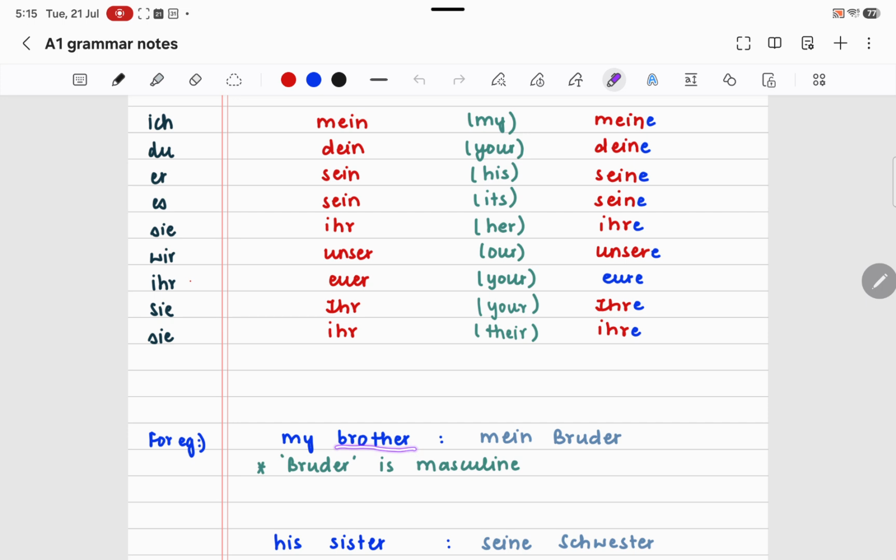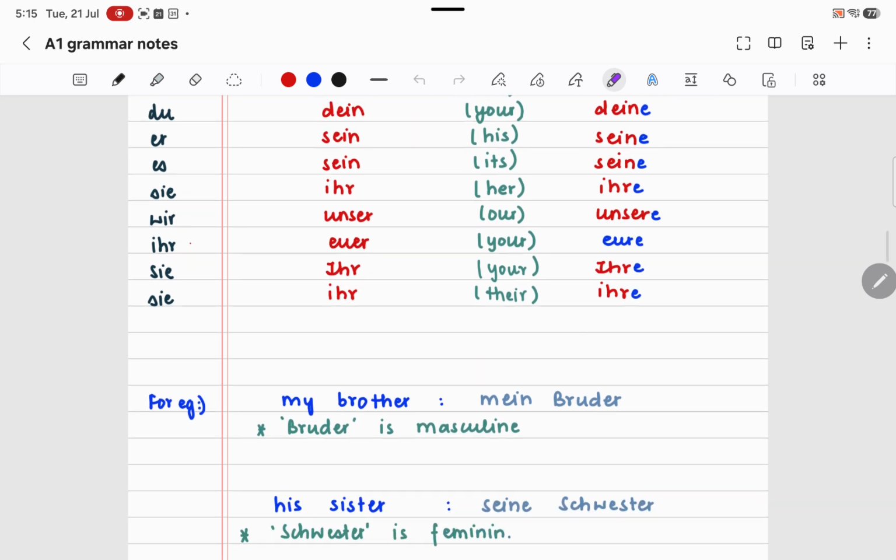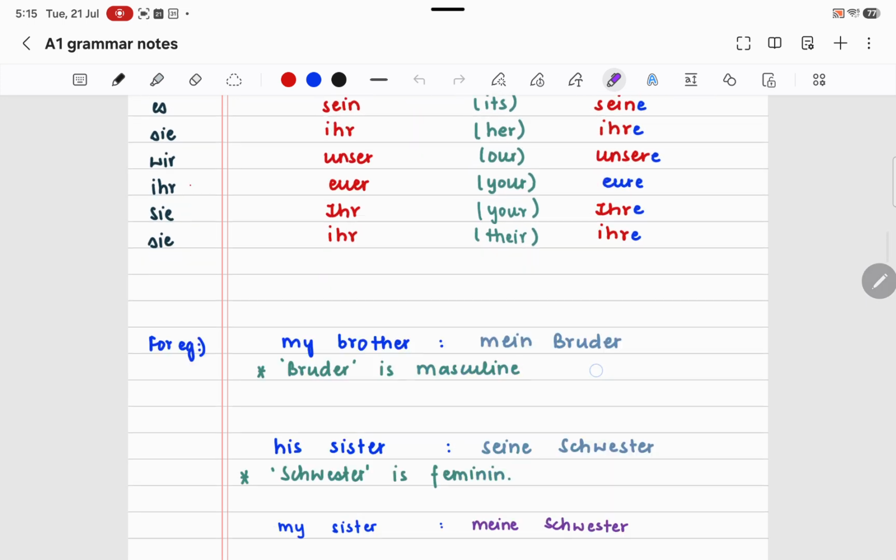Suppose you want to say my brother. In German it is Bruder and it is masculine. So we look at my, for which we have two options, mein or meine. Mein is the masculine part, so it is going to be mein Bruder.